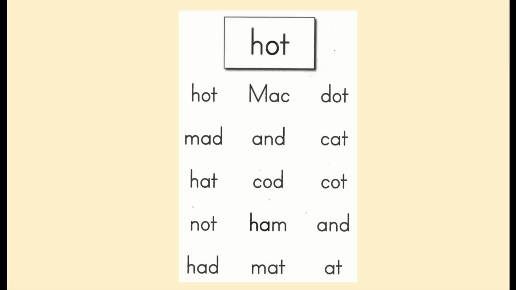Next, we're going to practice reading words by stretching out the sounds and then reading it quickly. The first word we're going to do is the word in the box. Ready? Hot.